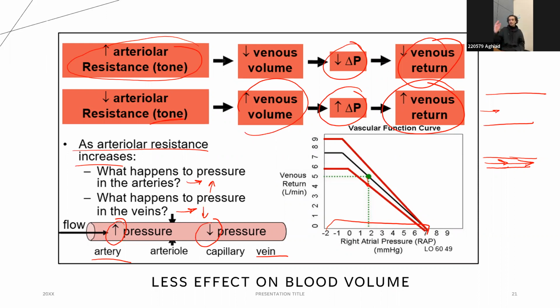And so arteriolar resistance is useful. Don't take it as just pathological. But all you need to know for now, for this graph especially, is that an increase or decrease of arteriolar resistance will cause an upwards or a downwards shift in the graph. There is no left and right. Clear?